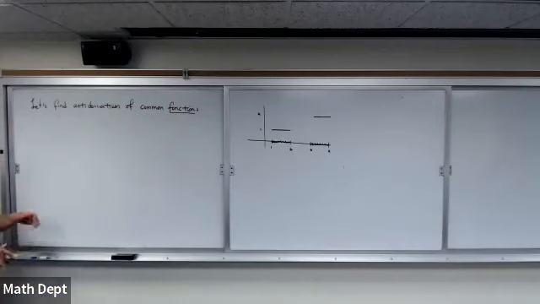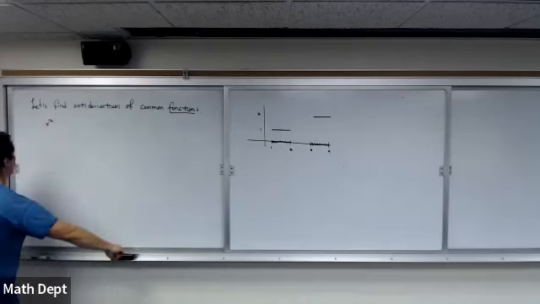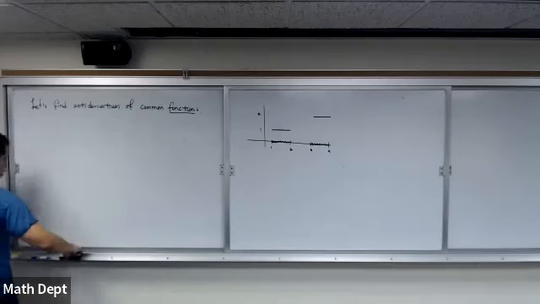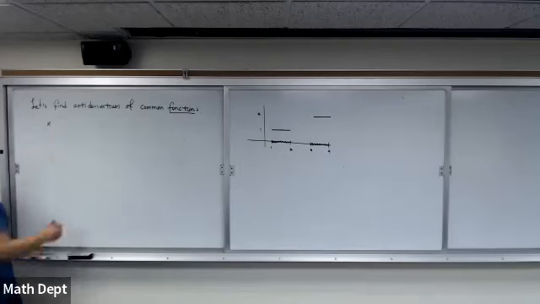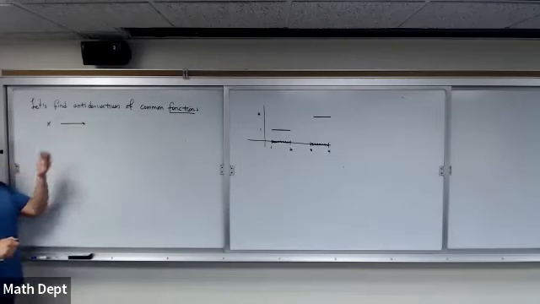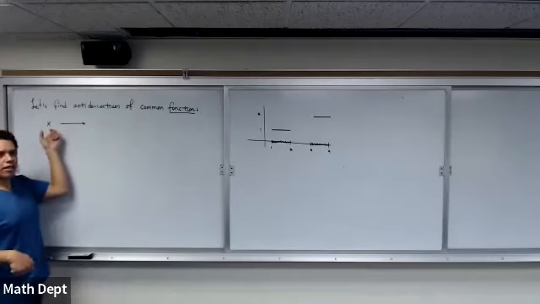Well, let's say the following. So we take a linear one, x. What should be the antiderivative of x? Well, we have to see. I need to find a function that when I take its derivative, it returns me x.